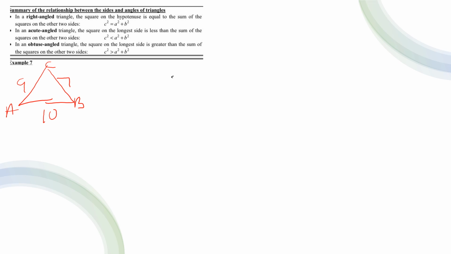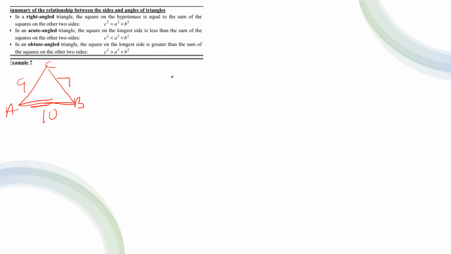So now let's look at this example 7 here. Triangle ABC is given. Prove if it is obtuse or acute. Now, how can you determine the longest side? In every triangle, the longest side is the biggest side. So what's the biggest side here?